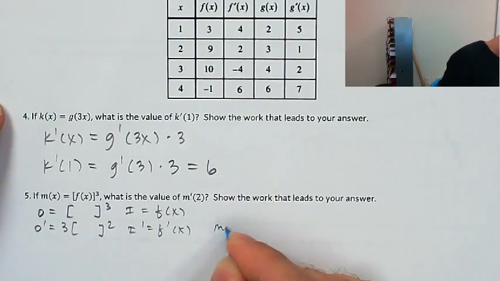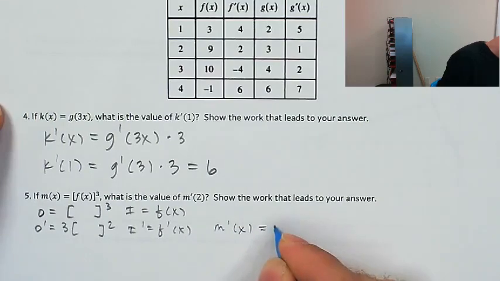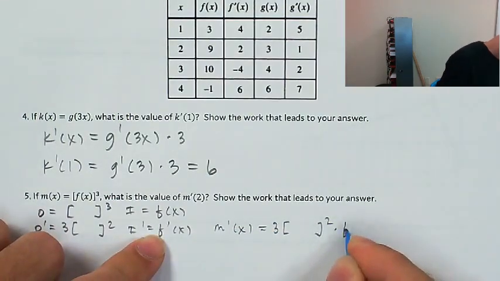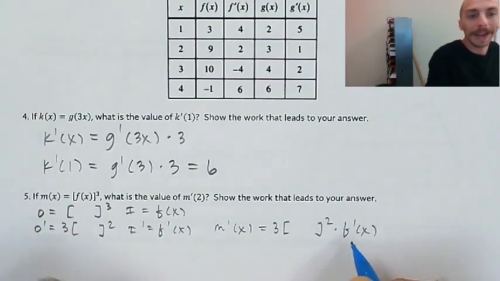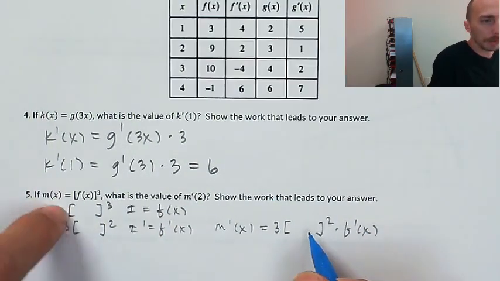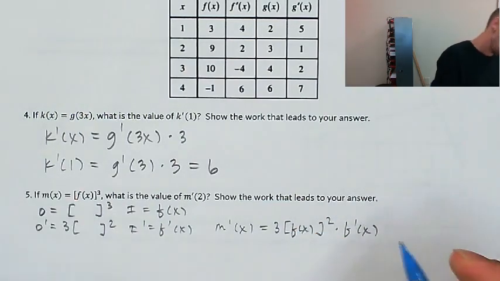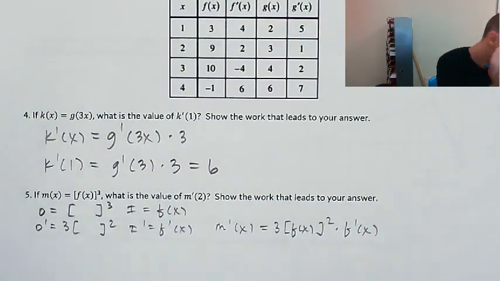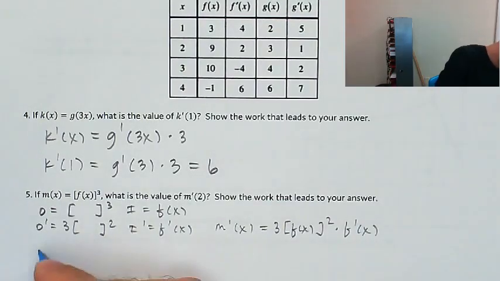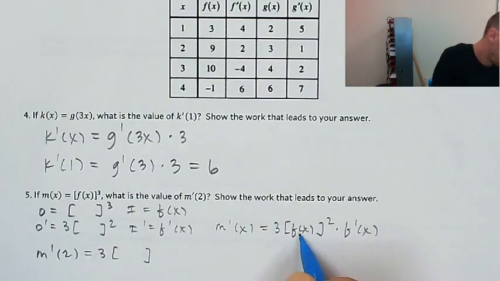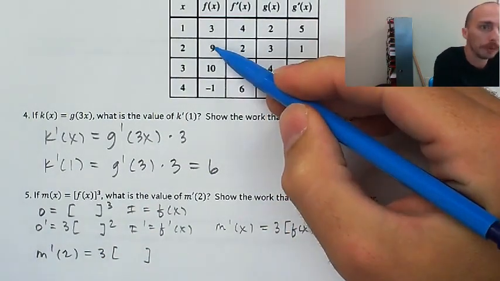Okay, so m prime of x is going to be 3 times something squared times f prime of x. And in the inside, it's whatever went inside the cube originally, that's f of x. Okay, now I'm going to look all this stuff up off the table, and I'm going to get m prime of 2 is equal to 3 times f of 2 squared. So f of 2 is 9.